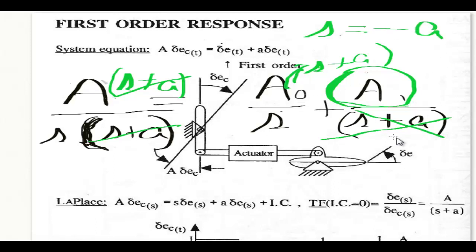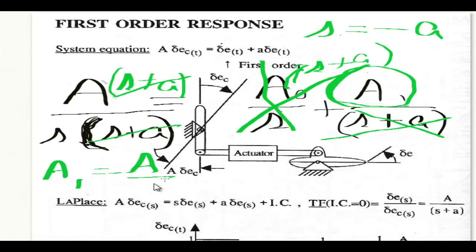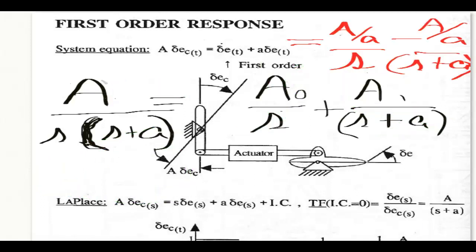When I let s equal minus a, this A0 term is going to be isolated. And if s equals minus a over here, then I have A1 equal to minus capital A over little a, since s equals minus a. And that's how I find my two constants.